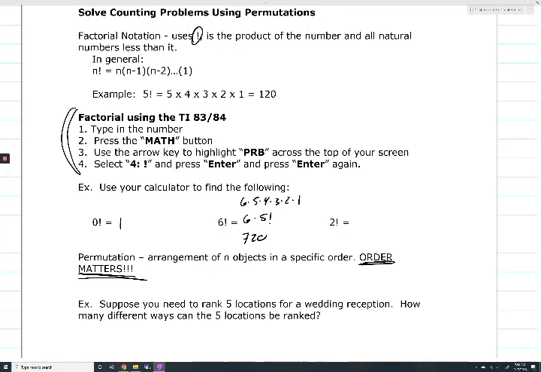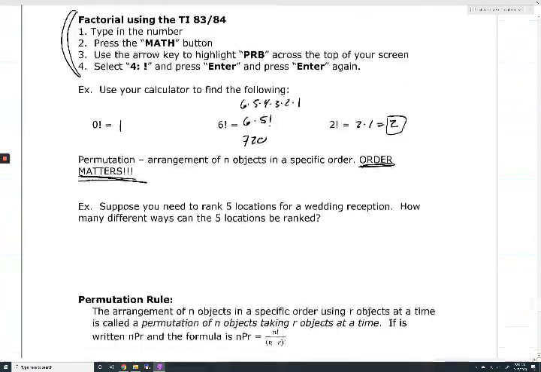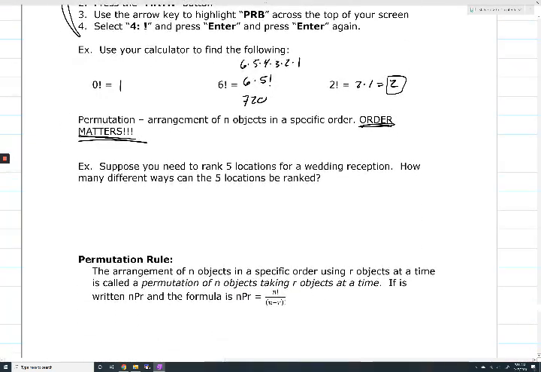So the way to go from 5 factorial to 6 factorial is simply multiply your 5 factorial by 6, and then it becomes 6 factorial. And we're going to use that premise when we start talking about permutations.